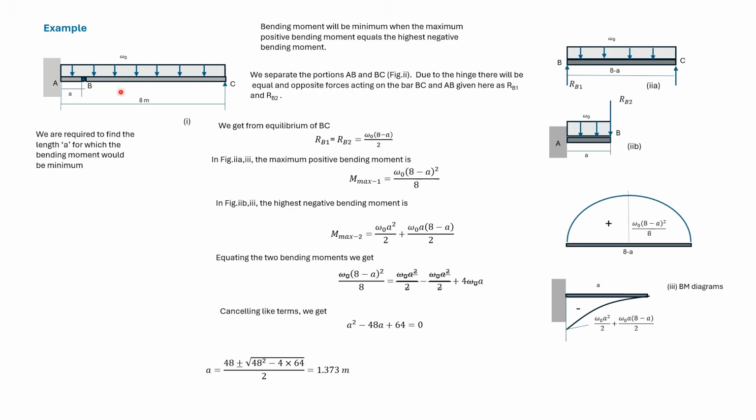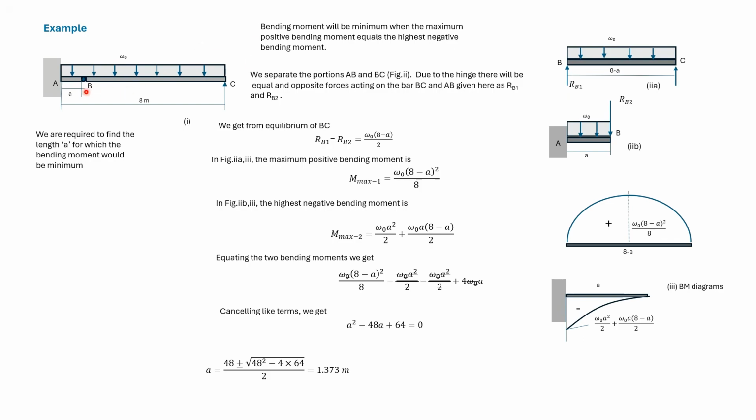Now, for bending moment to be minimum, the highest positive bending moment must equal the highest negative bending moment. As in a frame, here we'll separate BC and consider its equilibrium.